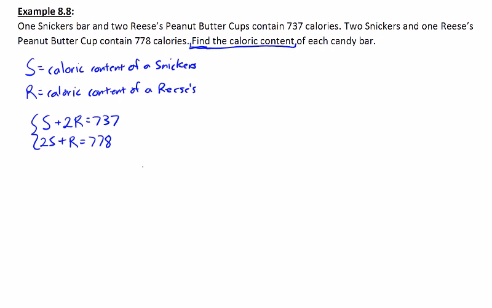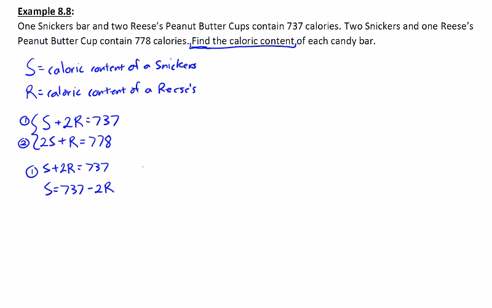So I'm going to take the top equation, I'll call this one equation number 1, and I'm going to solve it for S. So S plus 2R is 737, so S is going to equal 737 minus 2R.